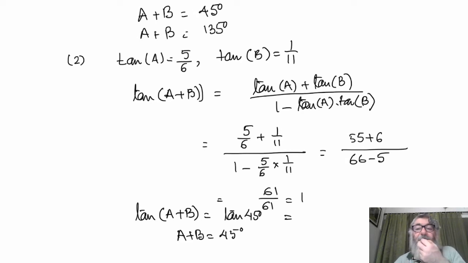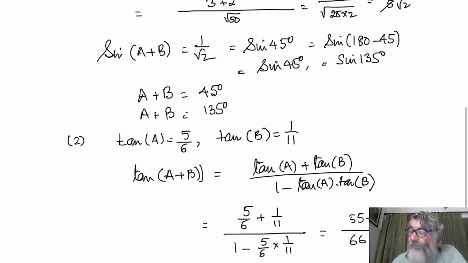Because A and B are acute angles, they cannot go into the third quadrant, because the third quadrant will become more than 180, and two acute angles cannot add up to be more than 180 degrees. That is the first condition, that A and B are acute.